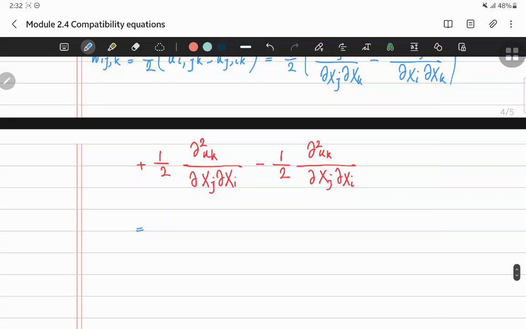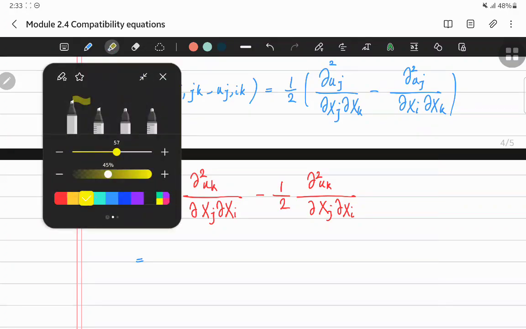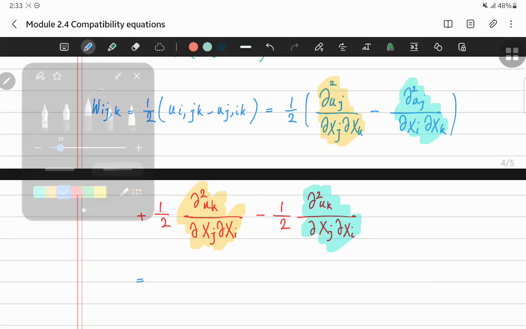So you see that I have here this ui with xj, xk in here. So I have j between this and this. And this xi is basically common between these two.